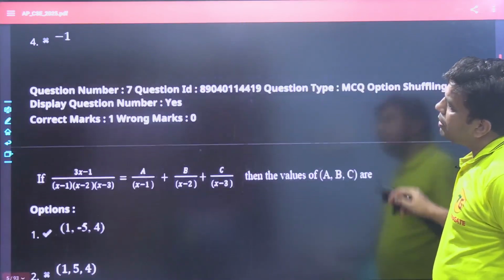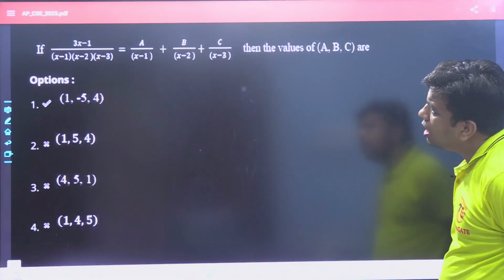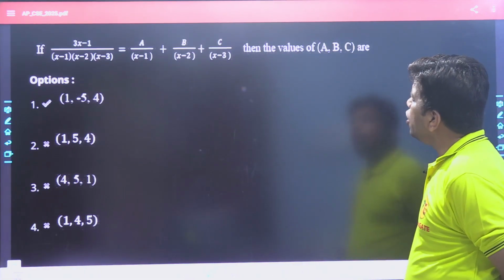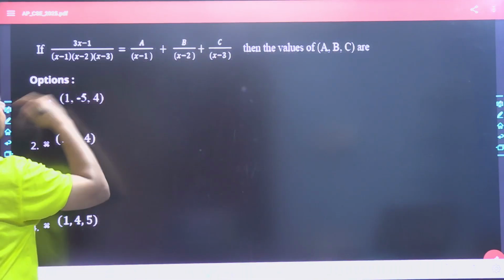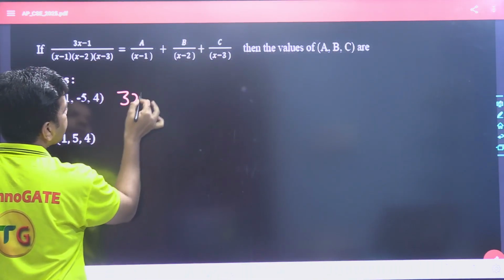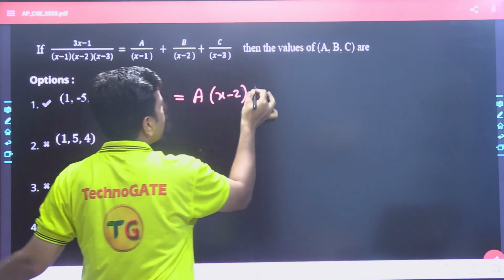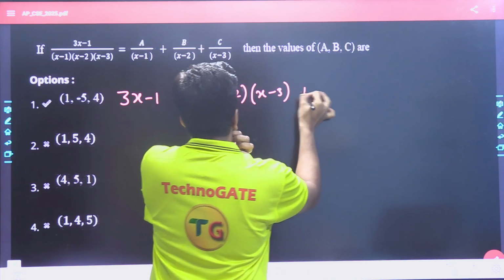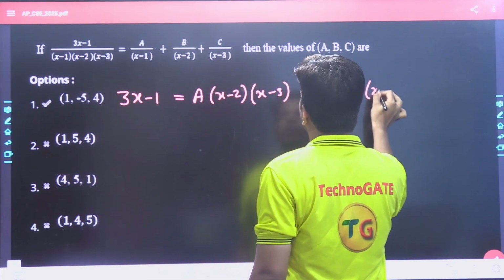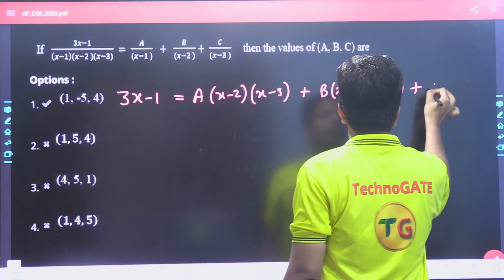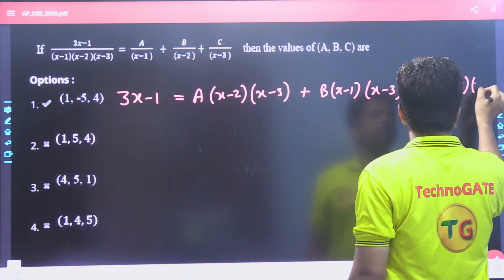Let's move on. We are having an equation and they're asking what is the value of A. Take the LCM of x minus 1 plus 1.